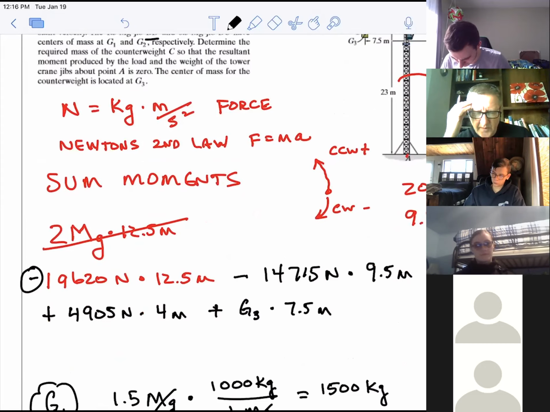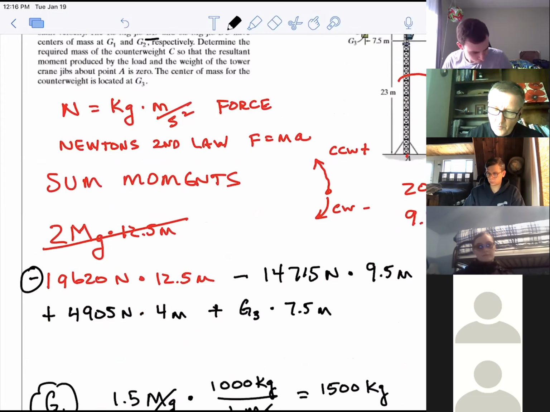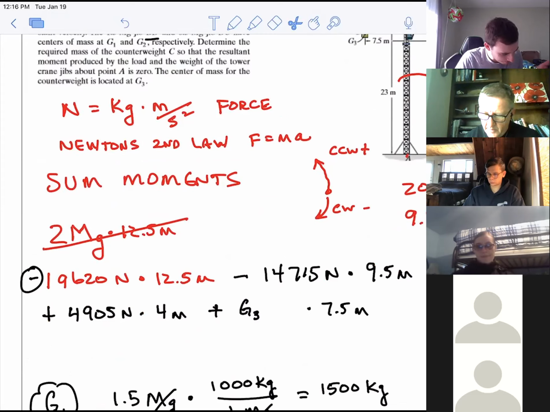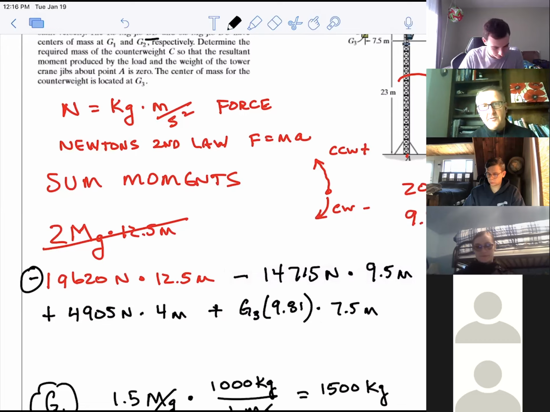Does that need to be part of this? What are they asking me? They're saying determine the required mass. So if G3 is a mass, then to make it a force, I actually do need to do what I did on all those other problems and multiply that times 9.81, so that G3 comes out as a mass, not a force. Does that make sense? It wants the answer in kilograms because it said mass, not newtons. If it said how many newtons is G3, then I wouldn't need the 9.81.